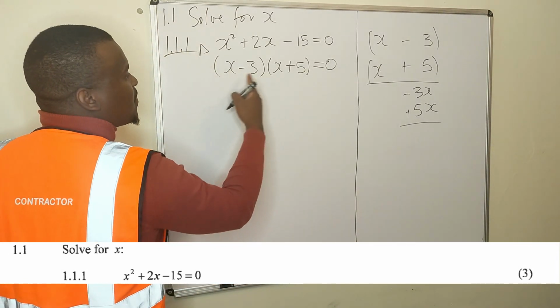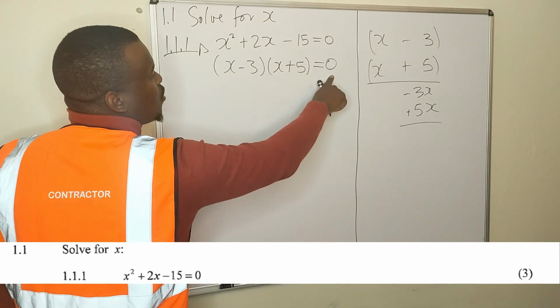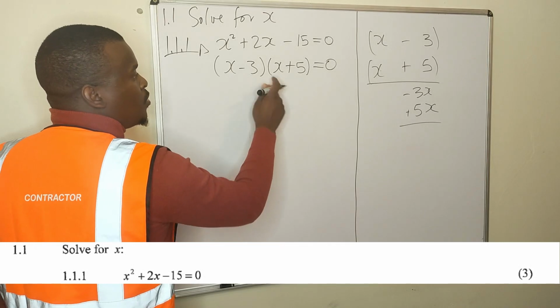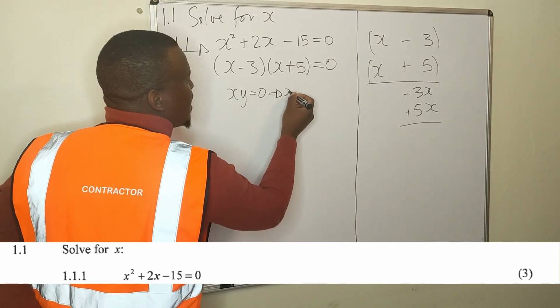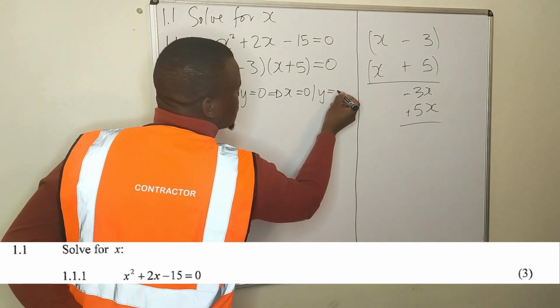If you have two things multiplying each other and the answer is 0, then one of them is 0. So if you have x times y equal to 0, then x is equal to 0 or y is equal to 0.